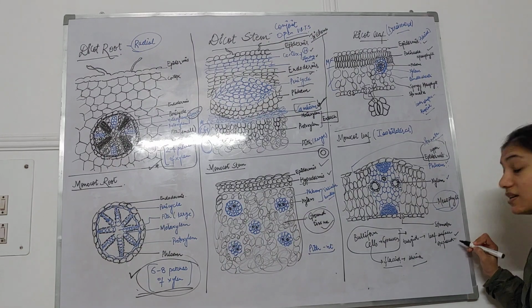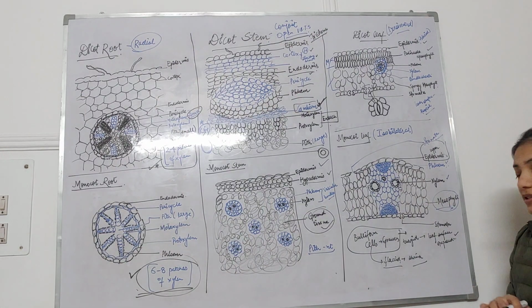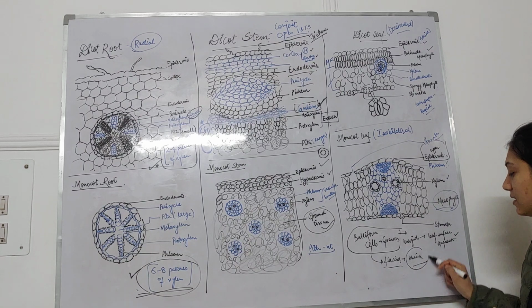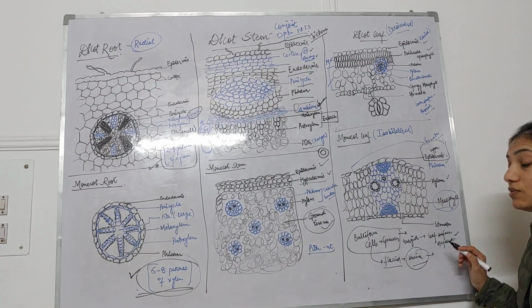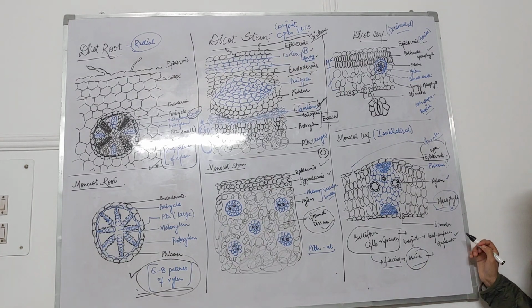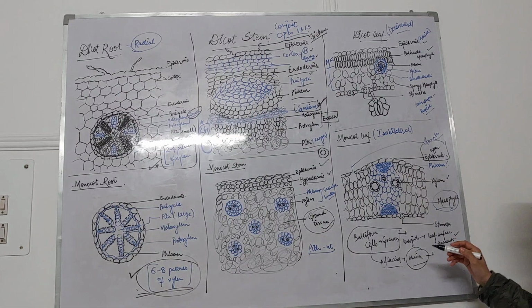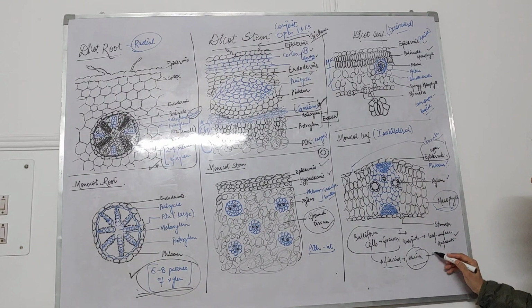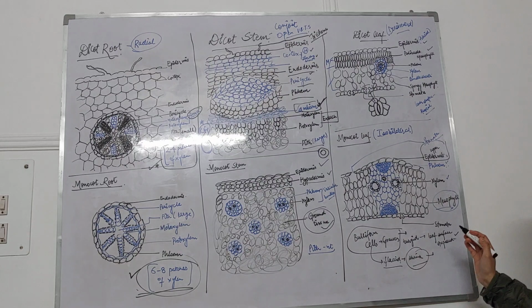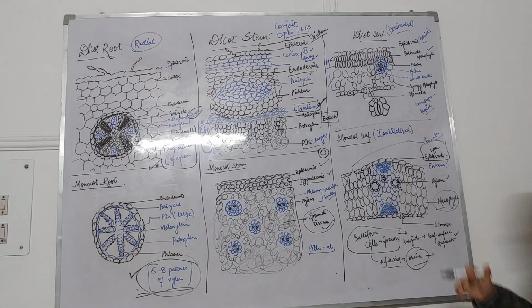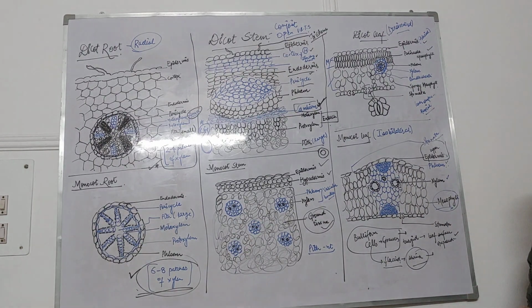So in this condition proper photosynthesis takes place, and transpiration is also taking place in a full manner, whereas in the flaccid condition transpiration and exchange of gases are also halted.